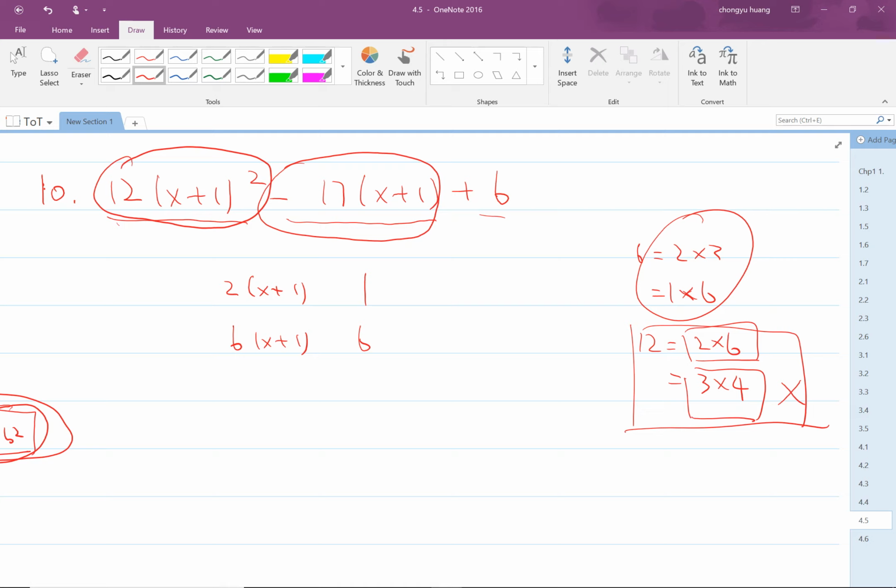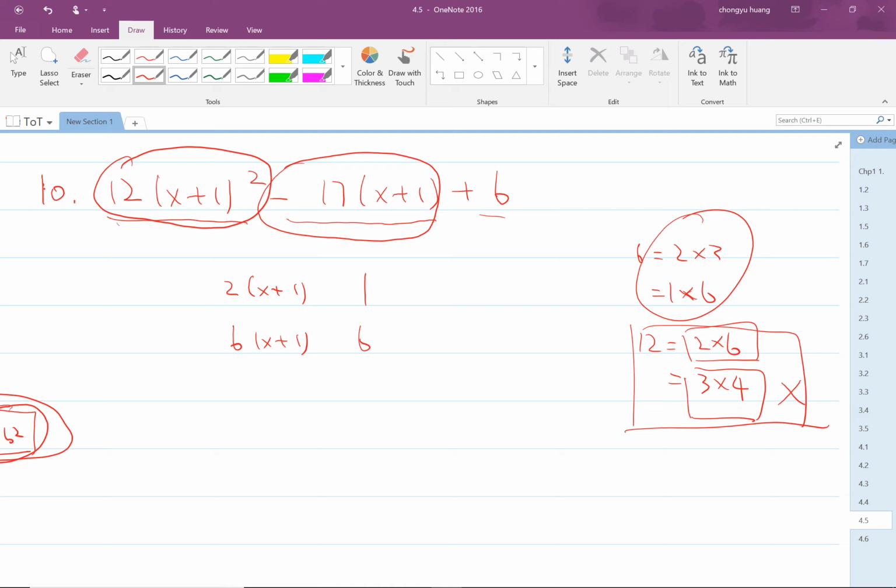Negative 3 multiplied by 3 is negative 9. That's the thing I missed previously. And then you can see we have 4 multiplied by negative 2, so it's negative 8x plus 1.